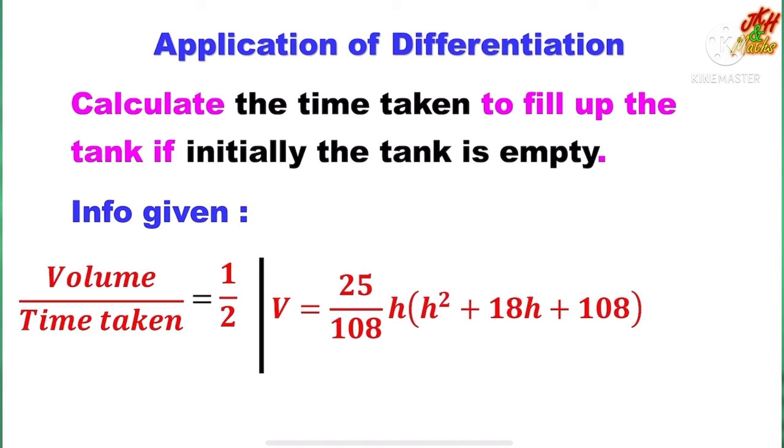So we need to find the volume, where we are given also the information that initially the tank is empty. Total height of the tank, we know it is equal to 12 meters. Therefore, we need to substitute the value of 12 into h in order to find the volume of the water tank when h is equal to 12.